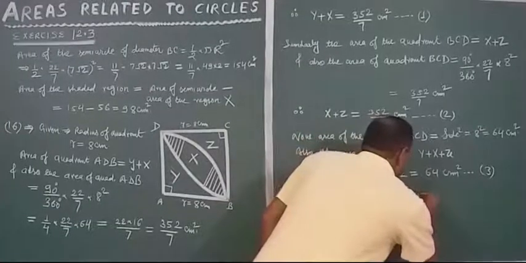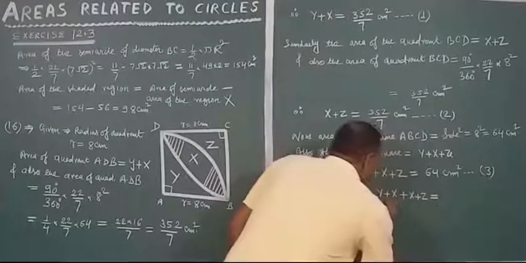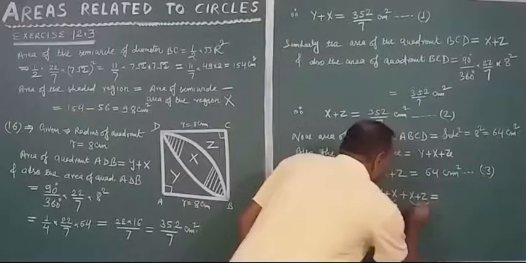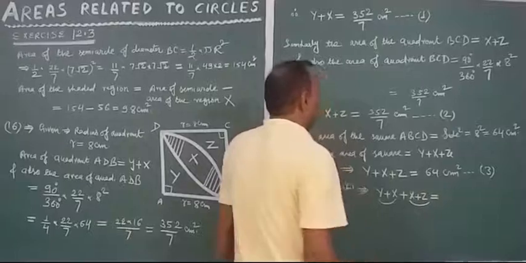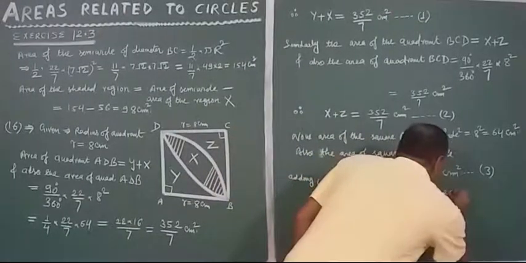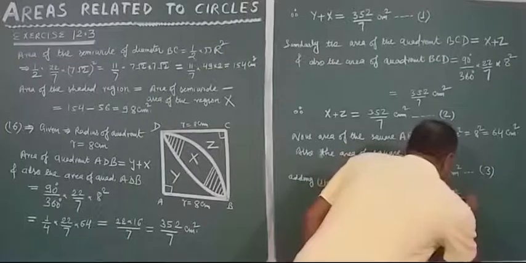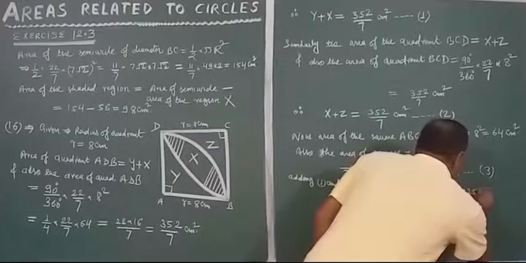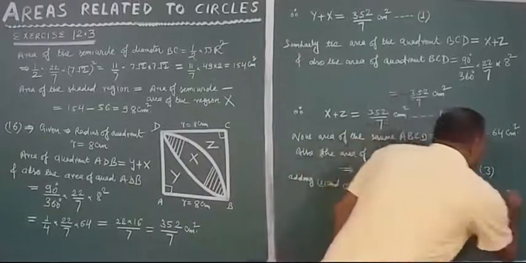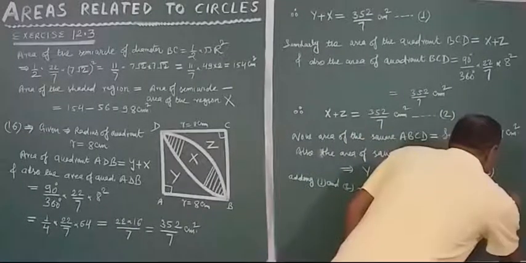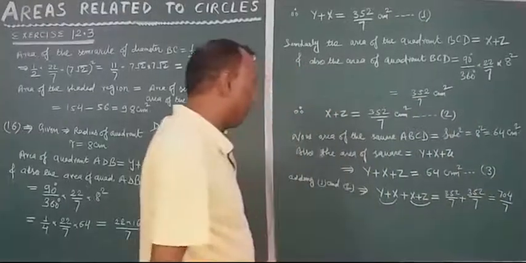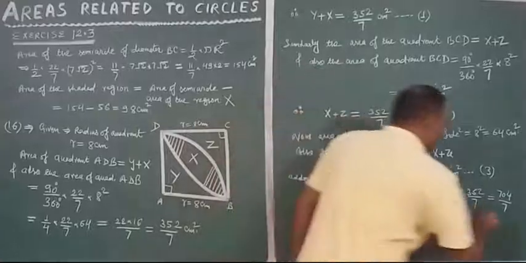This is equation 1, so left hand side, and this is the left hand side of second equation, and the right hand side will be 352 upon 7 plus 352 upon 7. Just solve it. 2 and 2 is 4. This is 704 upon 7 centimeter square.